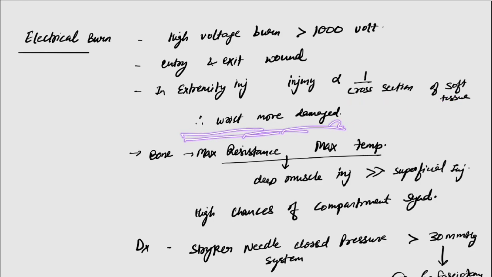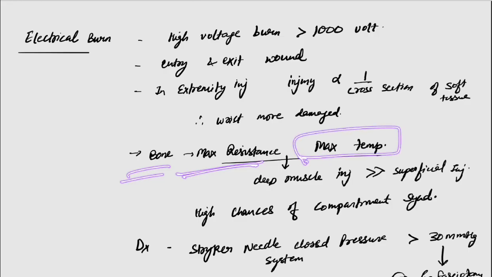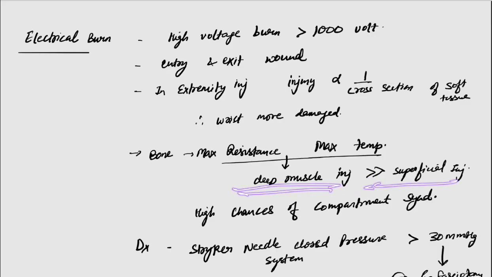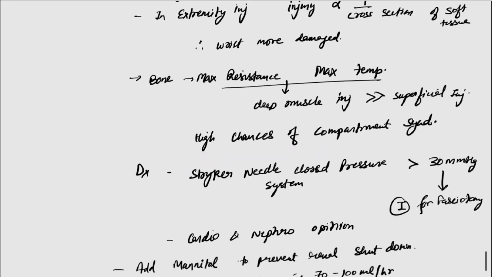Therefore, the wrist is more commonly damaged. In bone, there is maximum resistance leading to maximum temperature of bone when electrical injury occurs. Therefore, deep muscle injury is much more than what is appearing superficially. Therefore, in case of electrical burn, there are high chances of compartment syndrome.